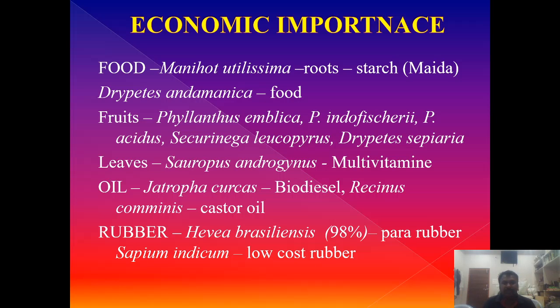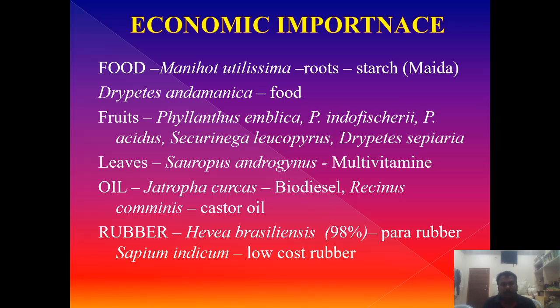The fruits of Phyllanthus emblica, Phyllanthus indofischeri and Phyllanthus acidus, Securinega leucopyrus, and Drypetes sepiaria are edible. The leaves of Sauropus androgynus, a multivitamin plant, which means they have a high number of vitamins, are also edible.